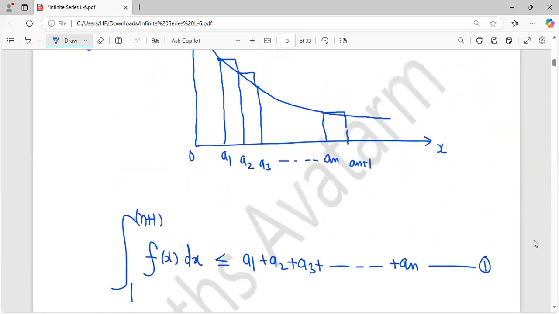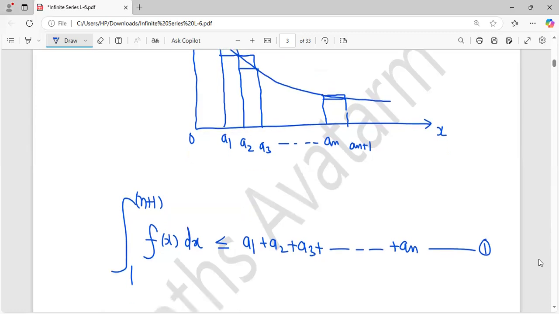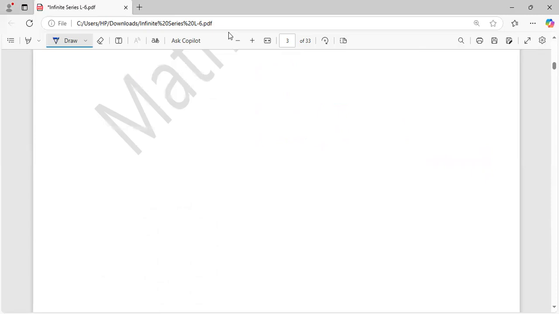Again, if we take these smaller intervals, we are approximating this area by lower rectangles. Then what is a2 plus a3 plus up to a_n? A2 plus a3 up to a_n is less than the integral from 1 to n of f(x) dx.